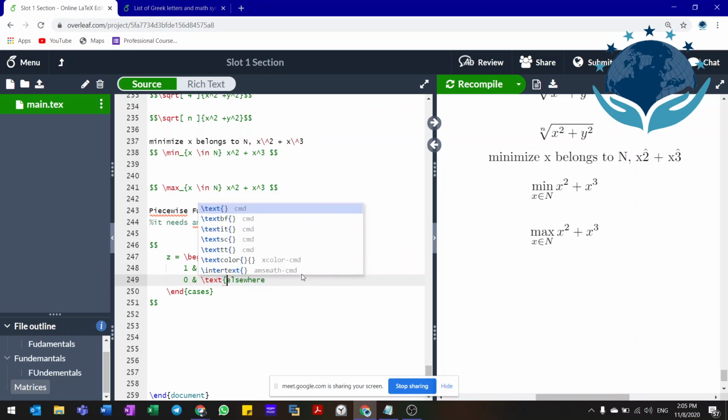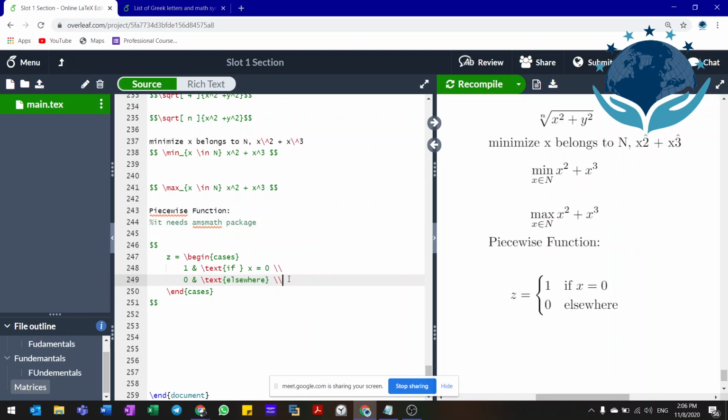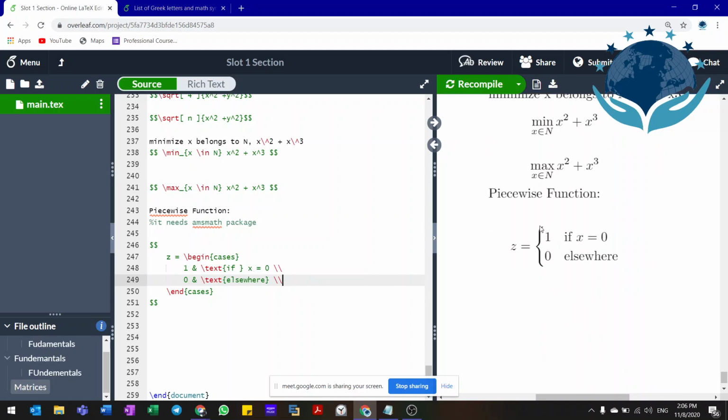Again I'm going to use the text, and for the final element I have to indicate to go to the next line, which is given as a double slash. So you can see that this becomes the piecewise function. You can give n number of equations here, that doesn't matter.